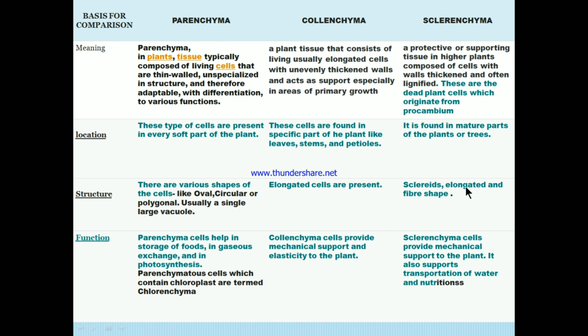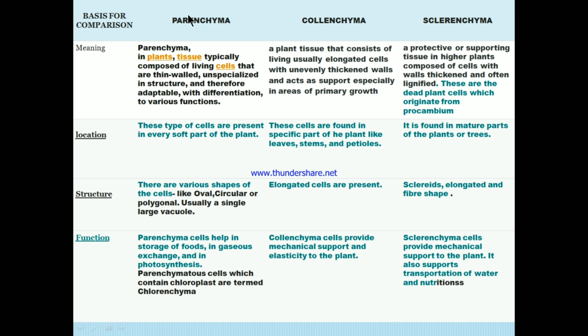And then the sclerenchymas are elongated and fibrous cells. They have tapering ends, both ends of the cells are pointed. So you can see those differences here.